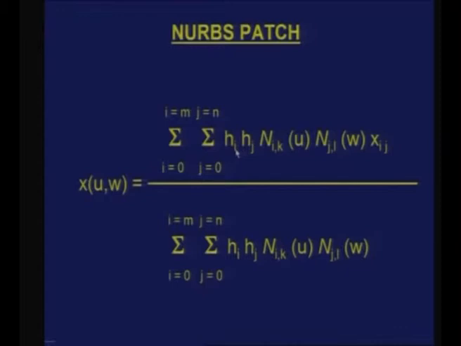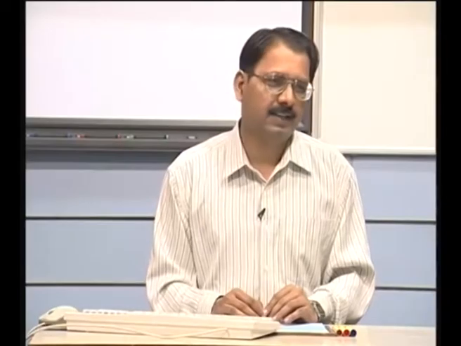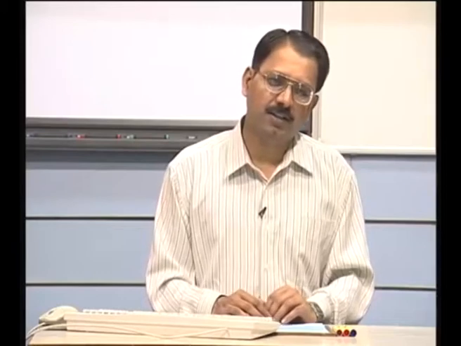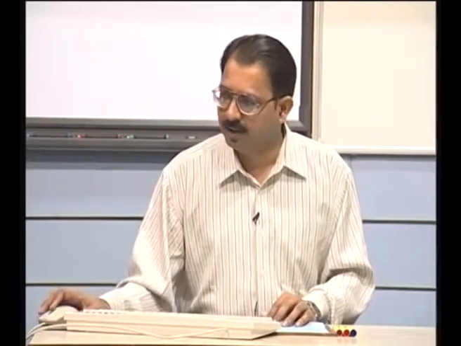Now, in order to define a NURBS surface patch, whatever input we supply for a corresponding B-spline patch has to be supplied, that is m plus 1 into n plus 1 control points. Also specify what are the k and L, which is the direction, but you also specify m plus 1 into n plus 1 weights, which will define how the weights also influence the shape of the curve, not only the control points.